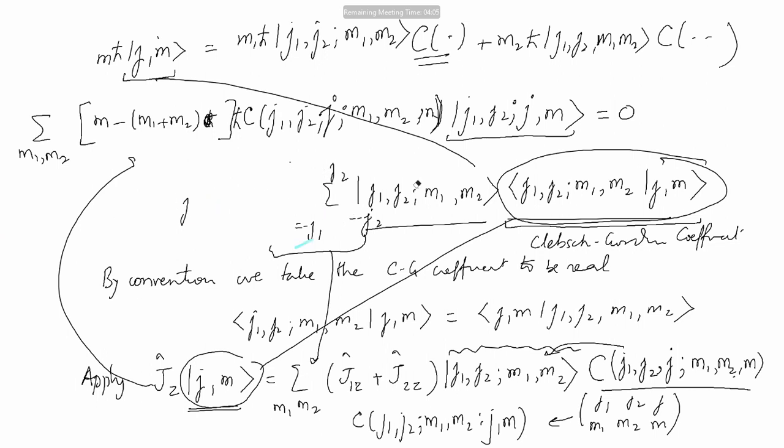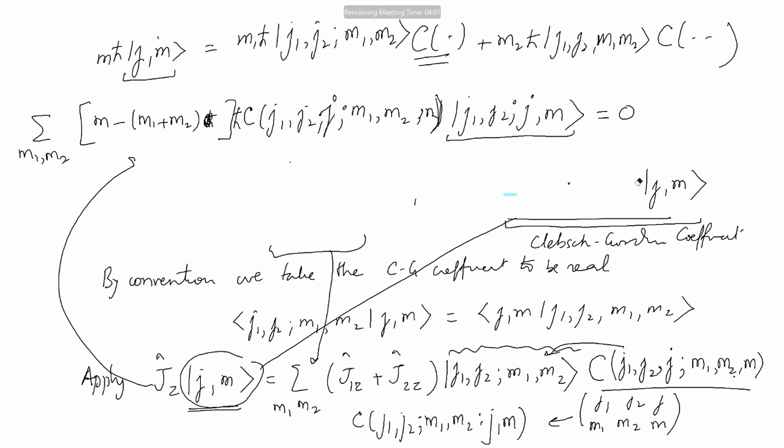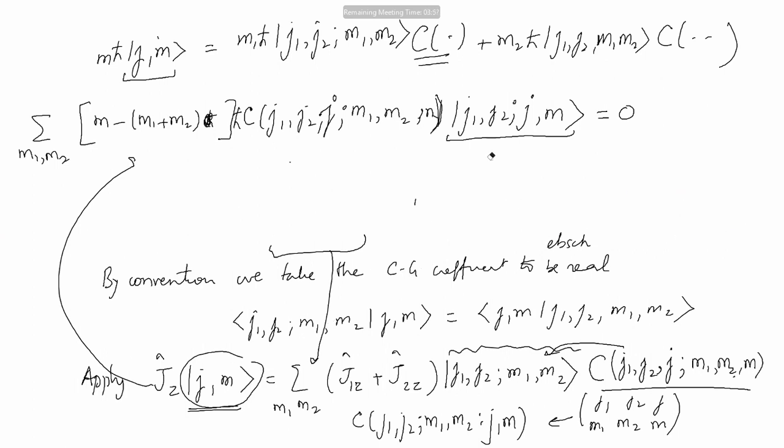Therefore, if the left hand side expression is 0, and this is linearly independent, then you know that h cross cannot be equal to 0.